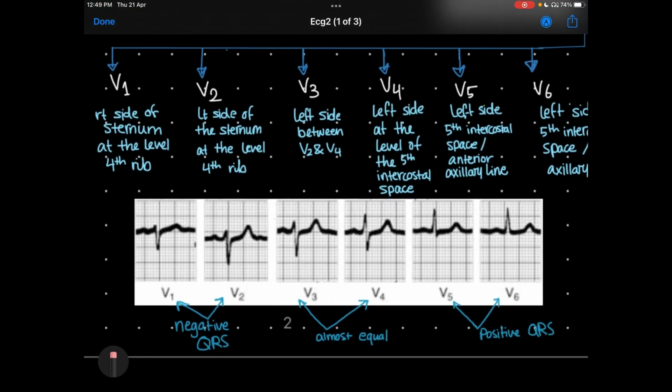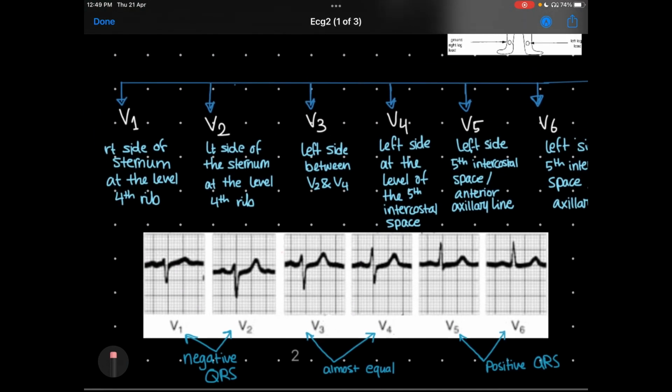Now, what is important is how we can see V1, V2, V3 to V6 on the ECG. V1 and V2, we see them as a negative QRS. The R is down, so we call it a negative QRS. What is the QRS?